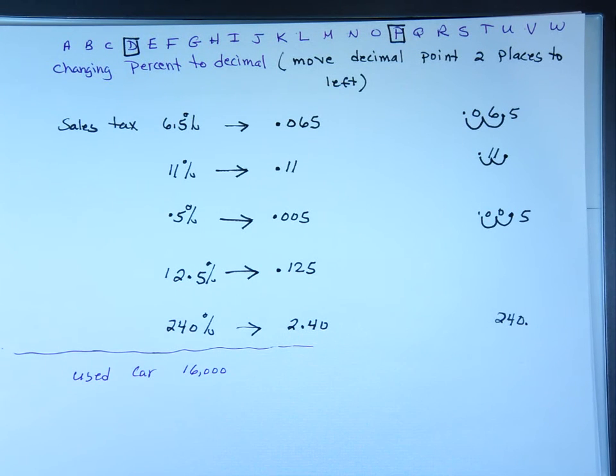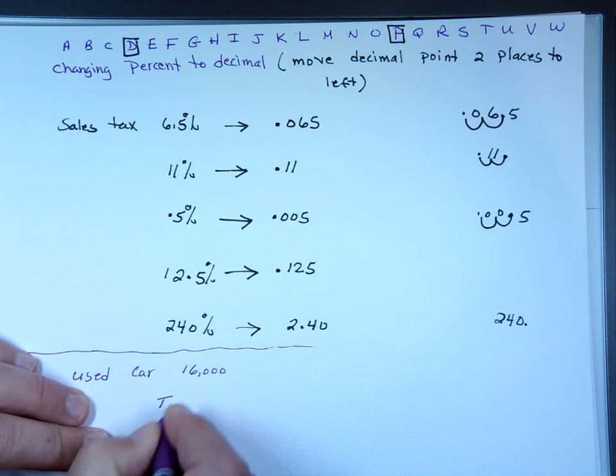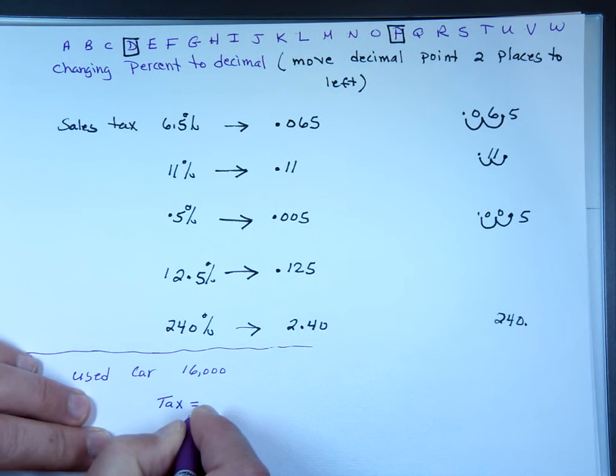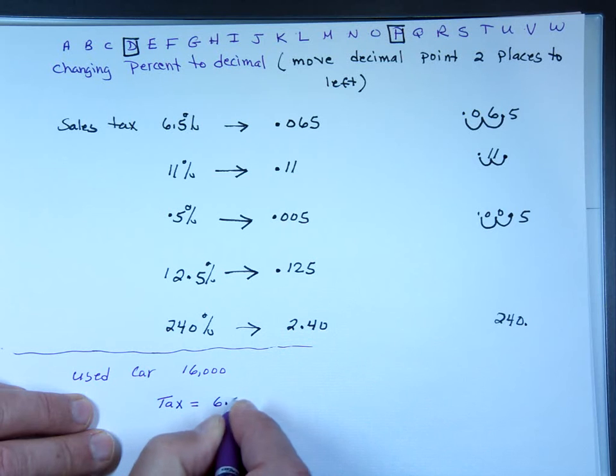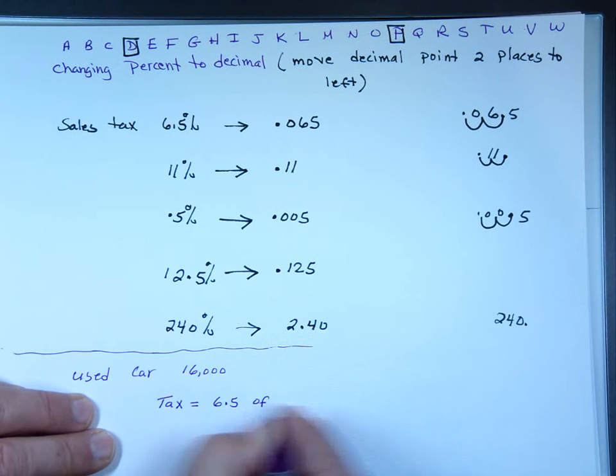Oh no, there's more money. Because when you go to register that car, the state of Massachusetts says, wait a minute, we charge 6.5% tax. So there's a tax on that car that's equal to what? 6.5% of the price of the car.